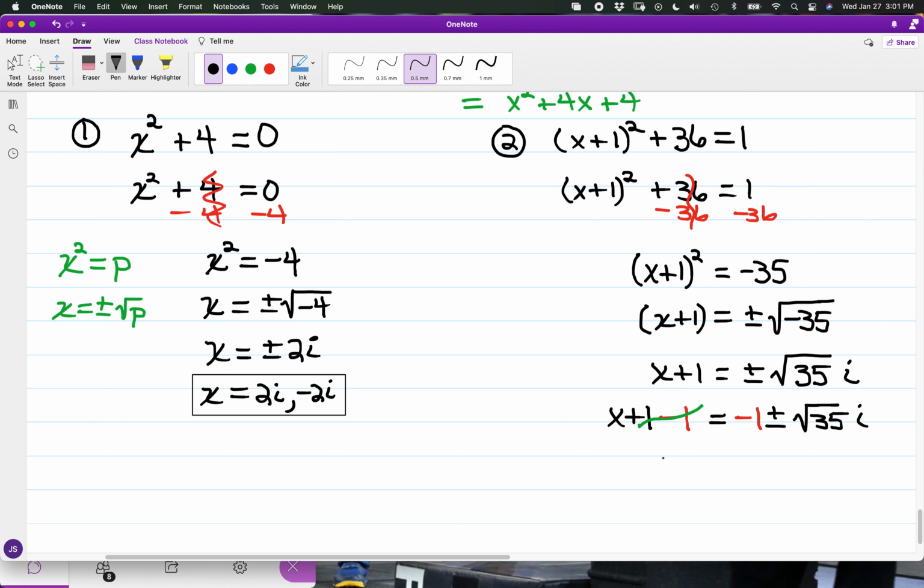For taking away 1, in compact form there will be two solutions of x. We have -1 plus or minus the square root of 35 times i.